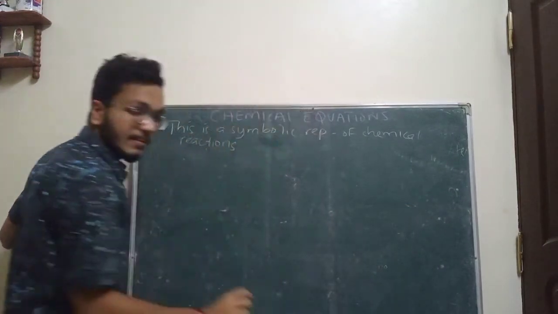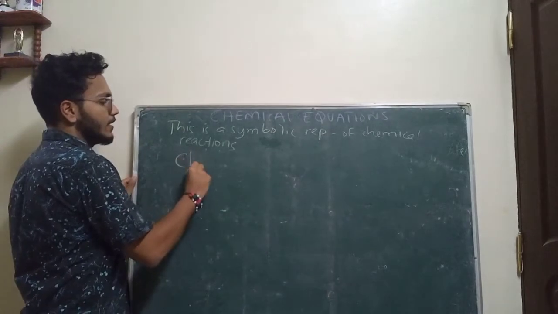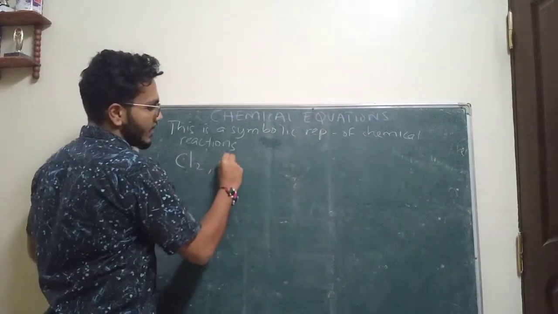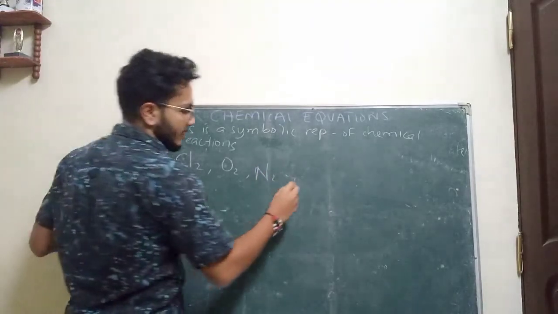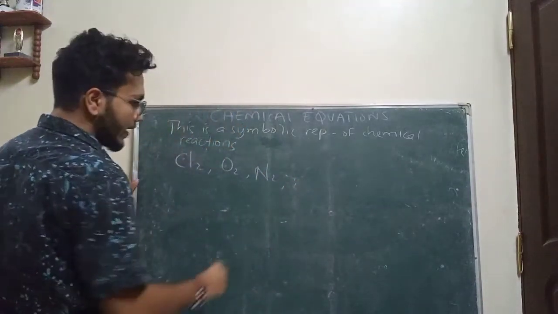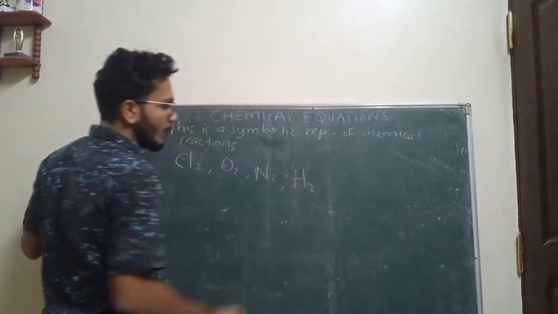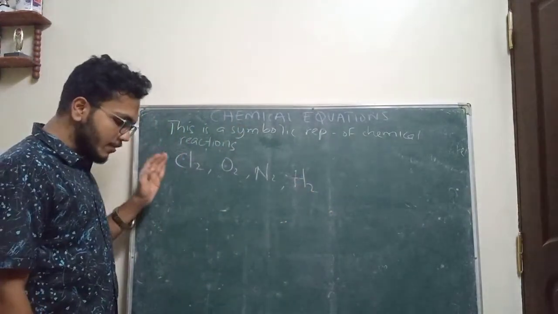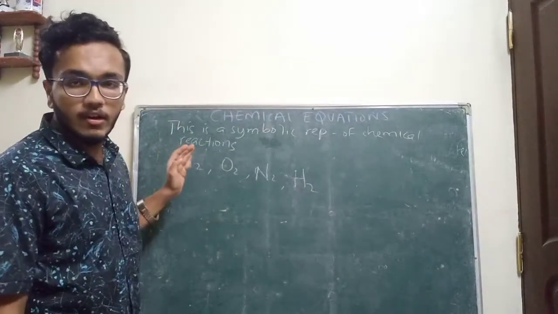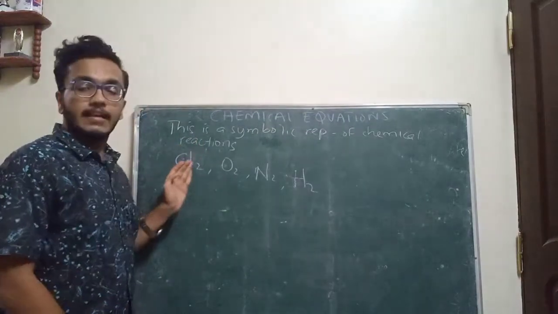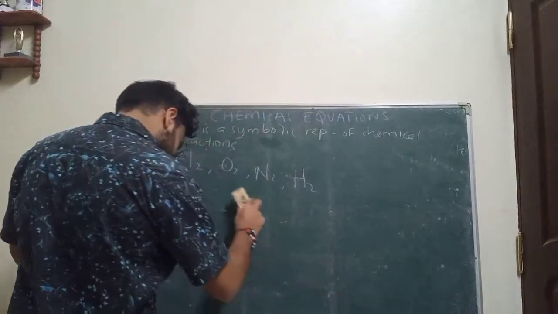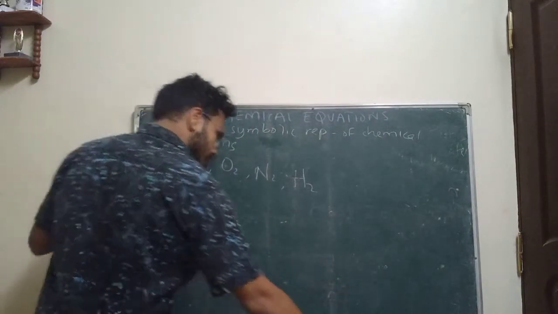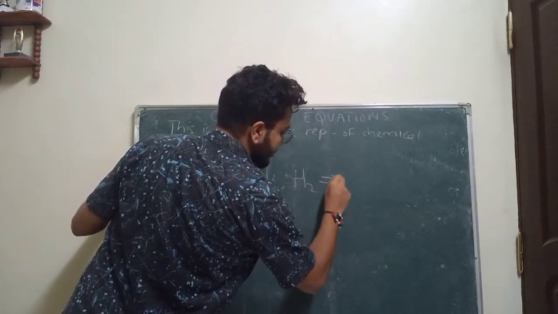Why have I written chlorine as Cl2, oxygen as O2, nitrogen as N2, hydrogen as H2? This is because these gases are called diatomic and they exist as atoms of 2. They are called diatomic gases.